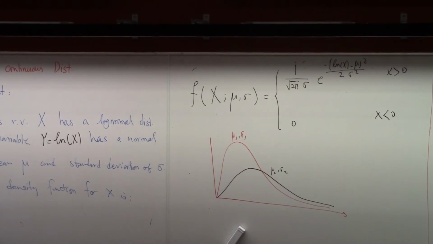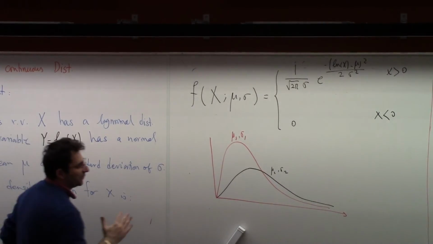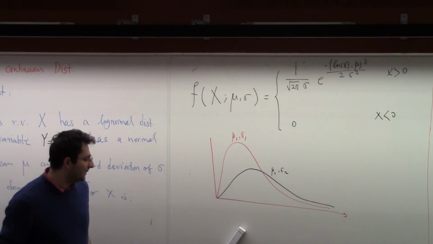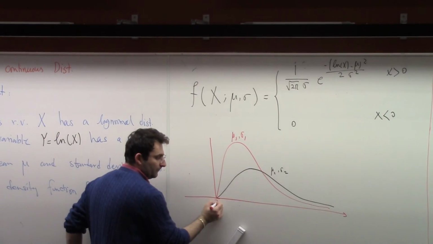So as we are reducing mu, we start to go towards the y-axis. So we start from 0.